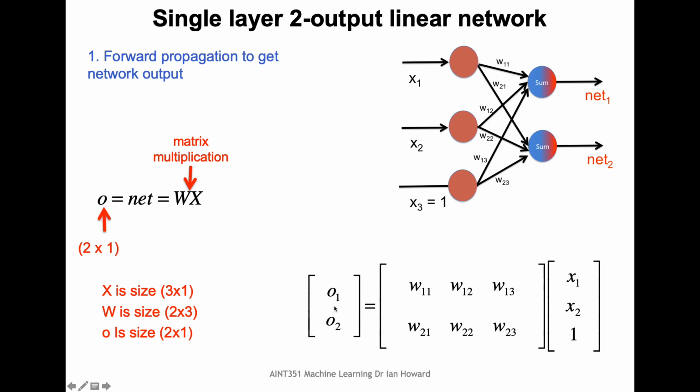And if we look at the sizes of these things, the output is always rows by columns. It's 2×1, and that's equal to the weight matrix, 2 rows by 3, times x, which is 3 rows by 1. So you can see immediately the output is going to be 2×1, because those are the outside dimensions of the product.